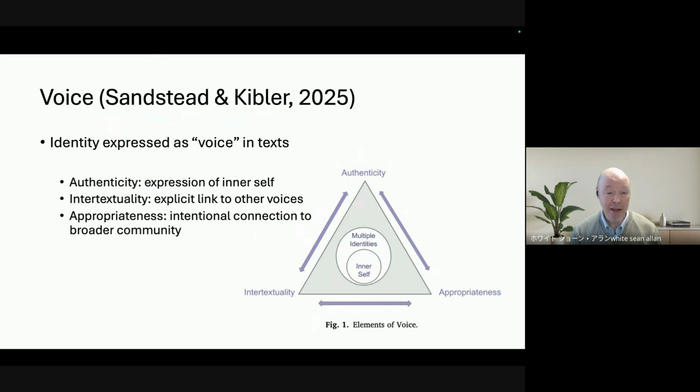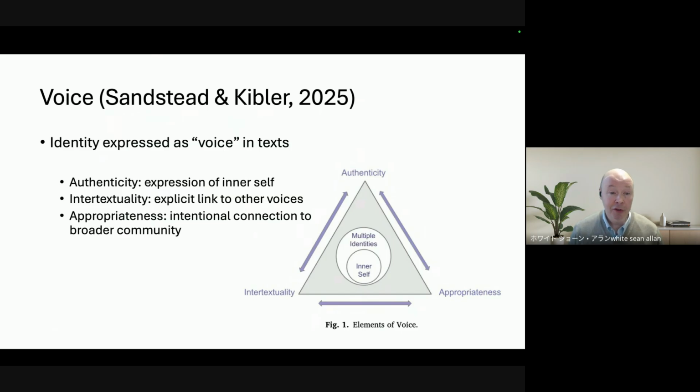Authenticity, which we connect to human voice in particular, is an expression of an inner self. Intertextuality is those links that we make to other voices, particularly within a particular community. In a research perspective, of course, all those other studies that we link to help create an argument and a communicative message, right? And then finally, appropriateness is intentional connection to a broader community, a discourse community, right?